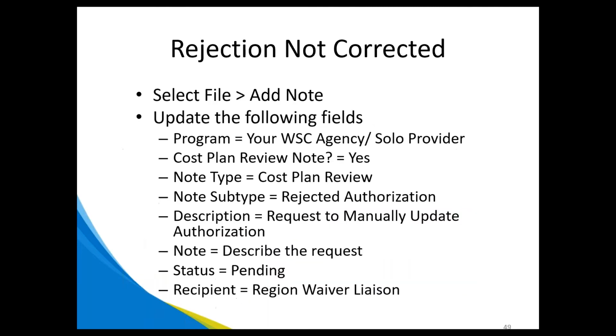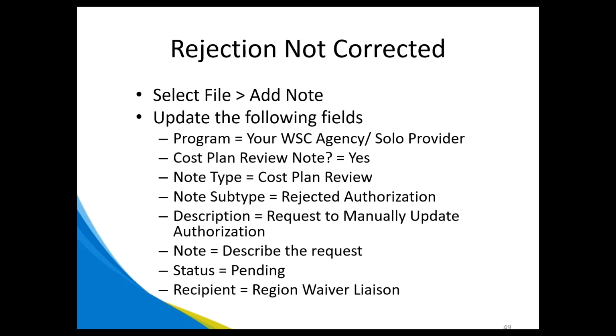So as a waiver support coordinator, you're going to click here, and then you're going to click File, Add Note. On the new note, you're going to add your WSC agency or solo provider on the program field, because remember, that's required as a WSC. You're going to say yes to whether or not this is a cost plan review note.